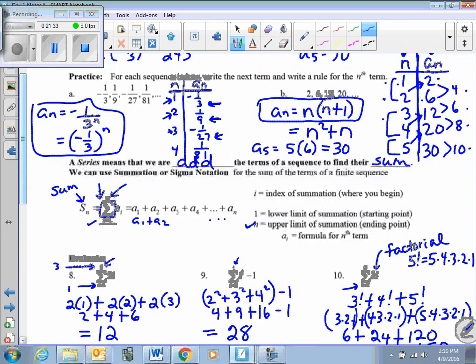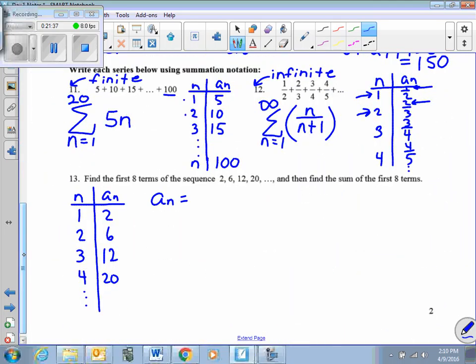Right here, same one. So we got our rule, n times n plus 1. All right, so we got the sum, and we're starting at 1, and it tells us to find the sum of the first 8 terms. So we're going to stop at 8 of n times n plus 1.